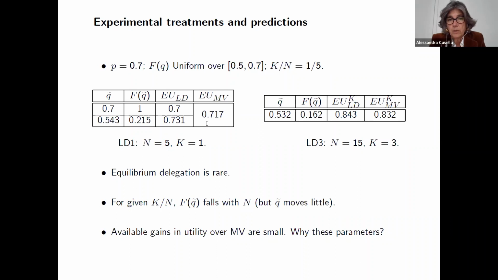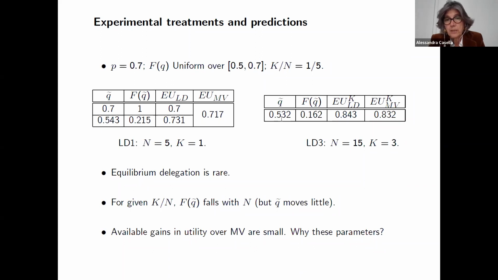Majority voting does better than a single expert who decides, which we know from Condorcet, and does less well than liquid democracy with the correct delegation. If you look at what happens when the group is larger, we find a single equilibrium, the interior equilibrium.